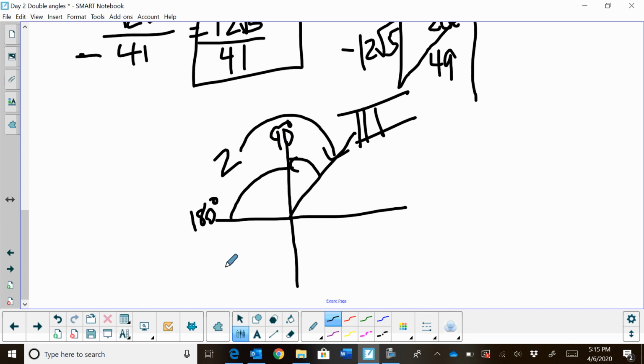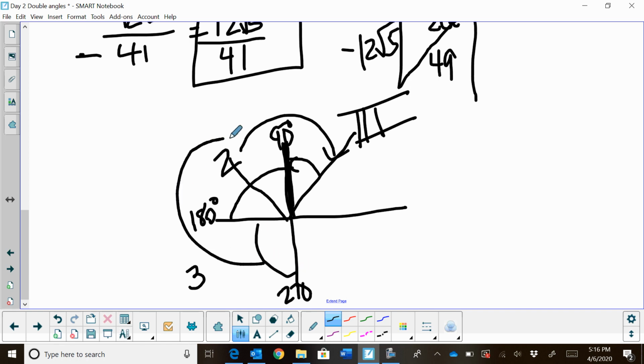Now, if I take a double angle from quadrant 3, so I'm going from 180 to 270, well, half of 180 is 90 and half of 270 is 135. So that means any angle that's in quadrant 3, when I take a half of it using the half angle, is going to be in quadrant 2, but in the first half of quadrant 2.